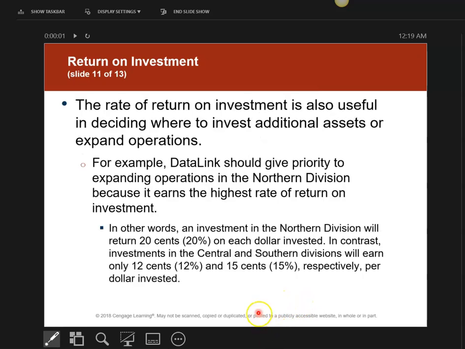So what am I going to do with all this information with these three divisions? Obviously, Northern Division is earning the highest rate of return. So I actually want to focus there if I can, or expand any opportunities in that area because it's giving me the best return on my investment. Now, let me talk about one disadvantage about this program.